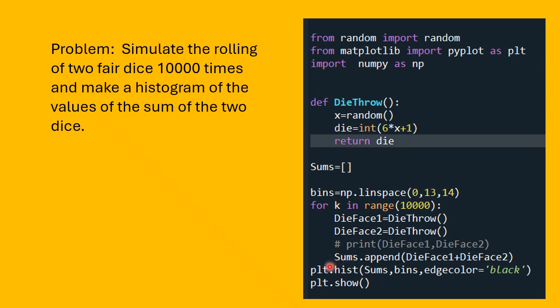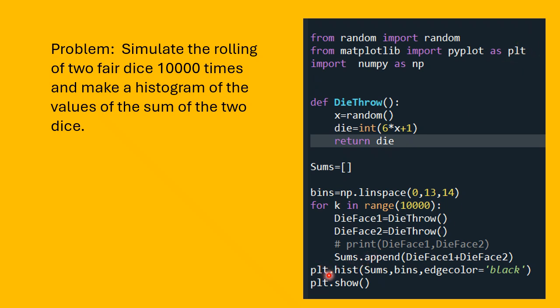So after we finish this loop, what are we going to do? We're going to draw a histogram and we're going to show it on our screen. The histogram function is in pyplot, but we said we'll refer to pyplot as plt.